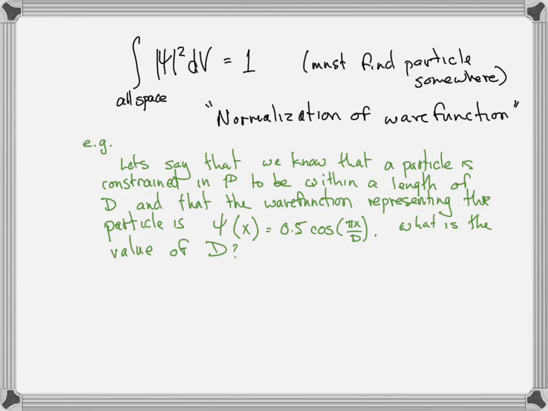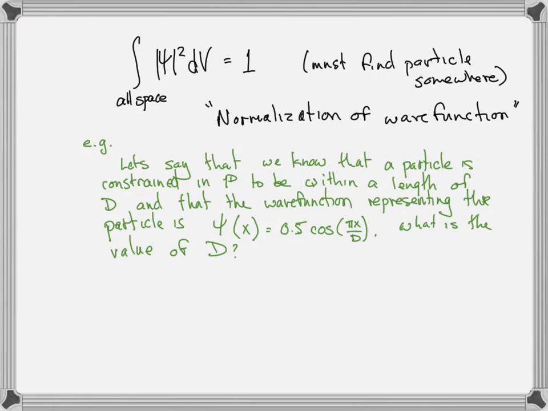So we're going to use the normalization in order to figure out the value of d. Meaning that in a sense, the wave function is already normalized. By normalizing, we have integrated over all space and said it equals 1, and that is perhaps often how we evaluate what the amplitude of the wave function is.